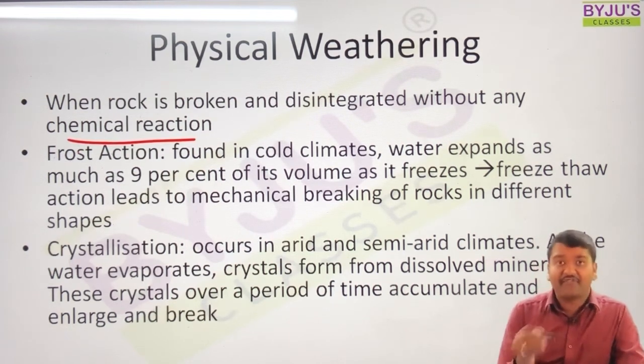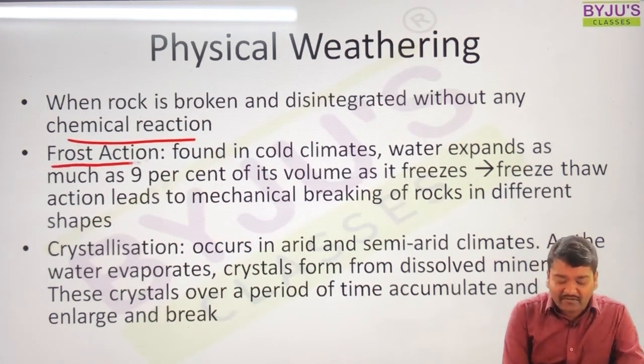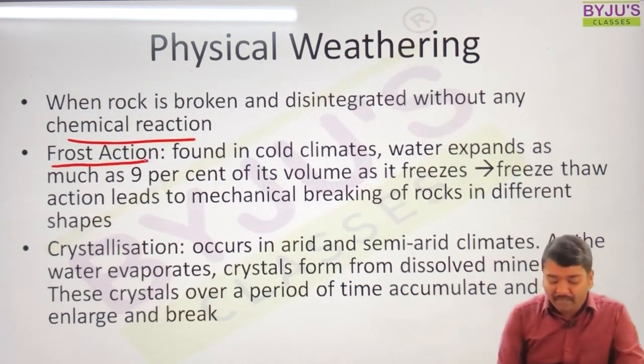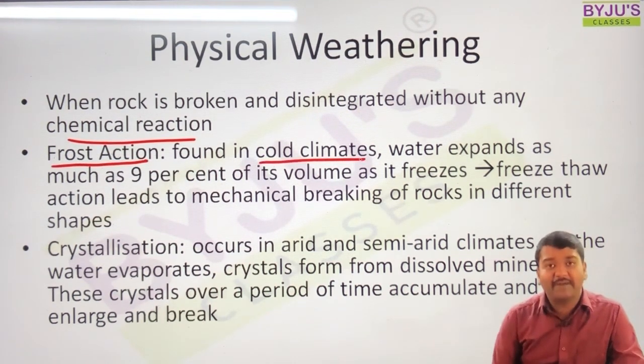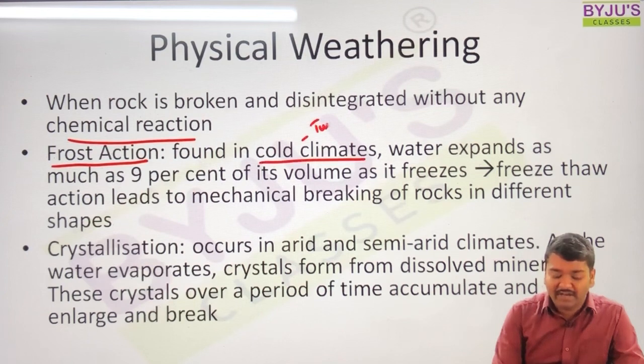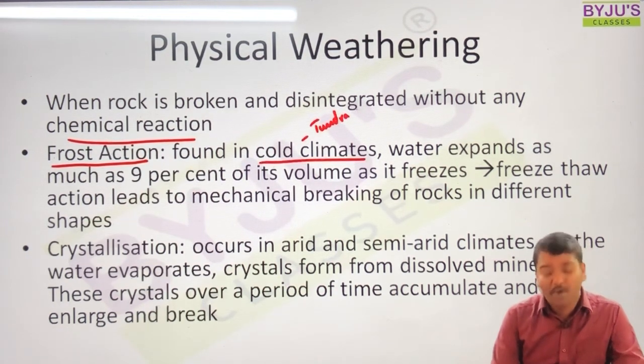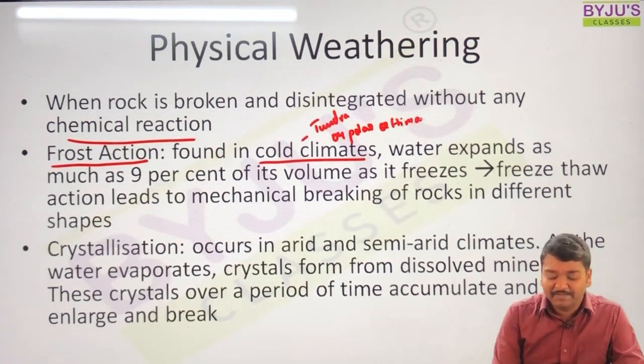In this, you have different types. The first type is frost action. What does it mean? It is found in cold climates, that is in the tundra or polar regions, or it can be seen in the Himalayas, the temperate region.